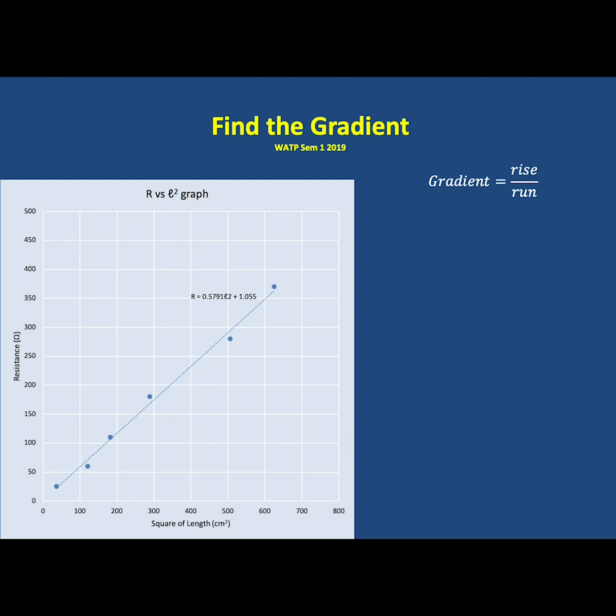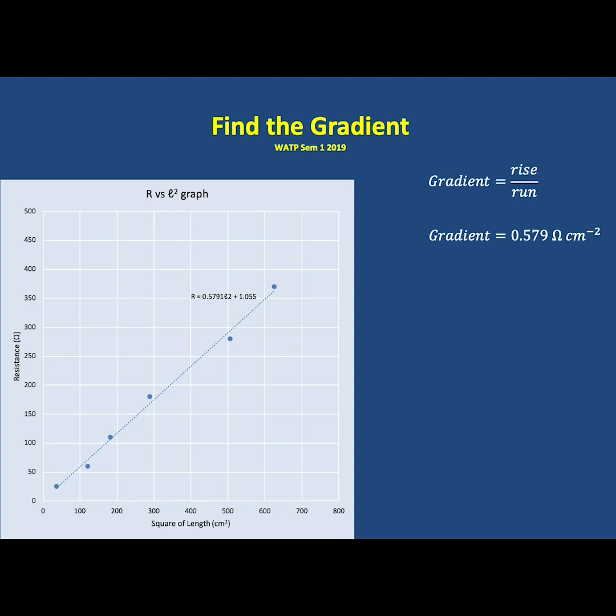We put in a line of best fit, and we find the gradient of this line of best fit in the usual fashion using rise over run. Now, you can see in this screen that I've cheated because I've just allowed Excel, the program, to give me the gradient of the line, and that comes up to be 0.579 ohms per squared centimeter.